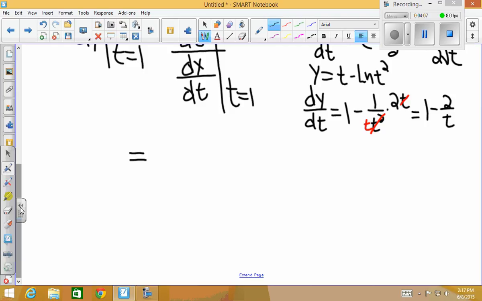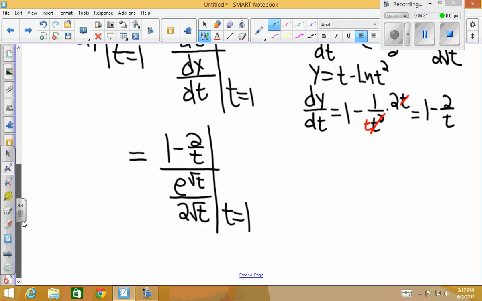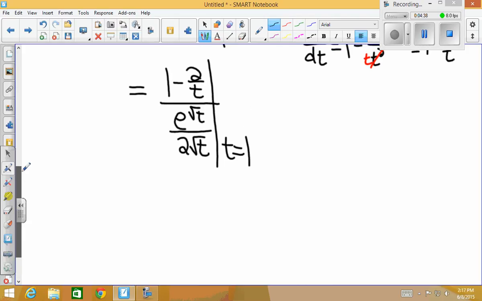So dy/dt is 1 minus 2 over t, divided by dx/dt, which we found as e to the square root of t divided by 2 square root of t. And we want to evaluate this when t is equal to 1. We could either do the simplification first, or we could go ahead and put in our value for t. So let's go ahead and put in t equals 1.